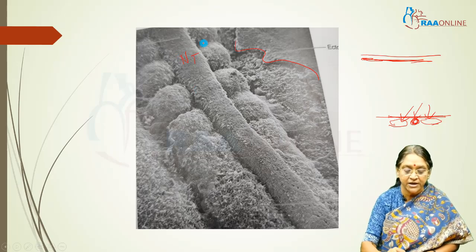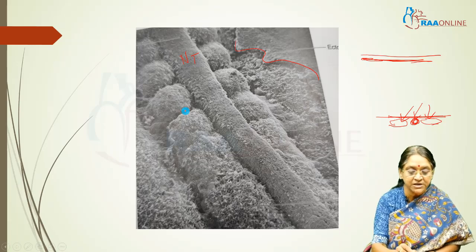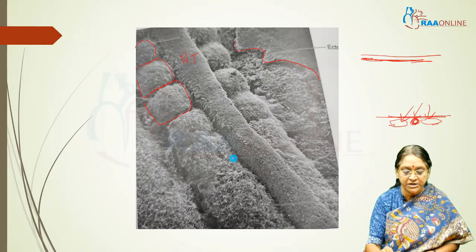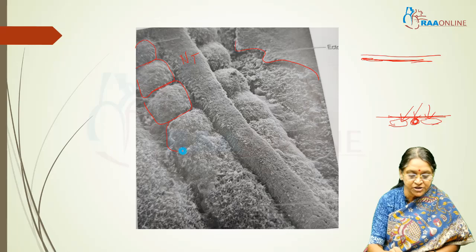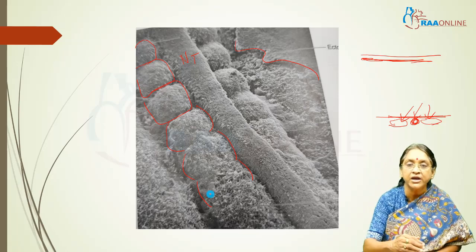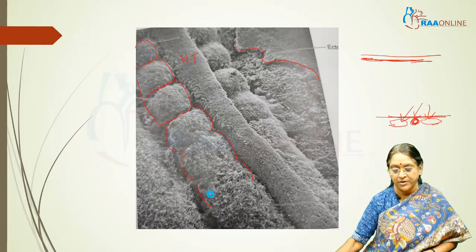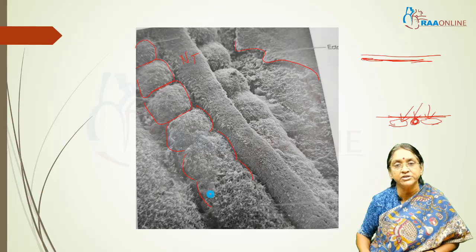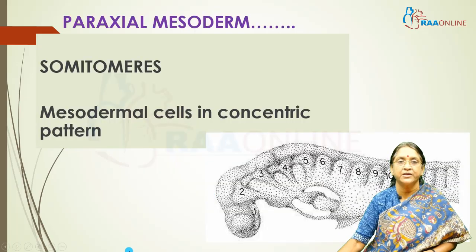And on either side you find the paraxial mesoderm. See here, the segmentation is complete, but the segmentation is incomplete here. You find a partial segmentation. So this is what makes its appearance craniocaudal. Craniocaudal appearance of the somatomeres.